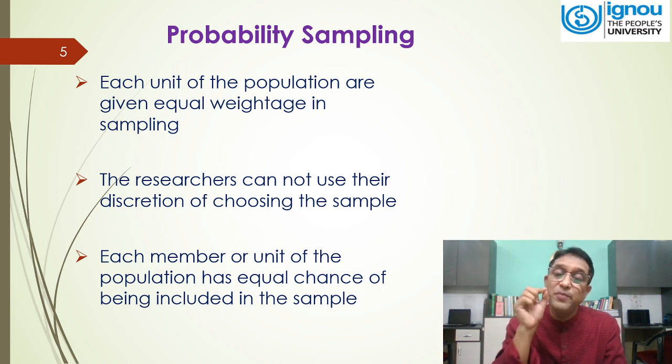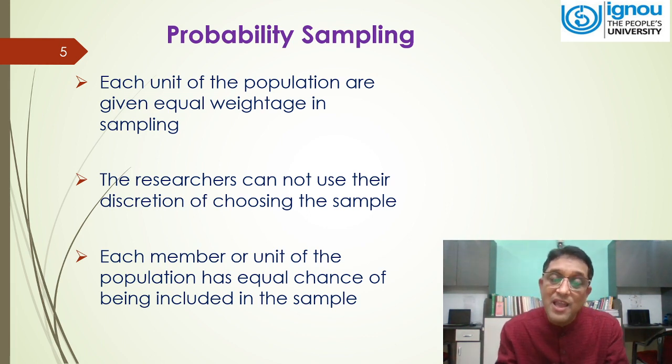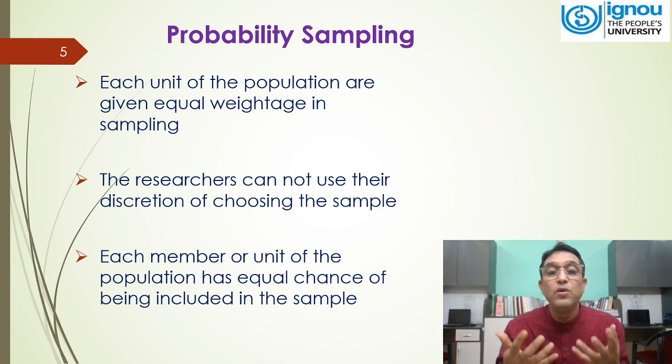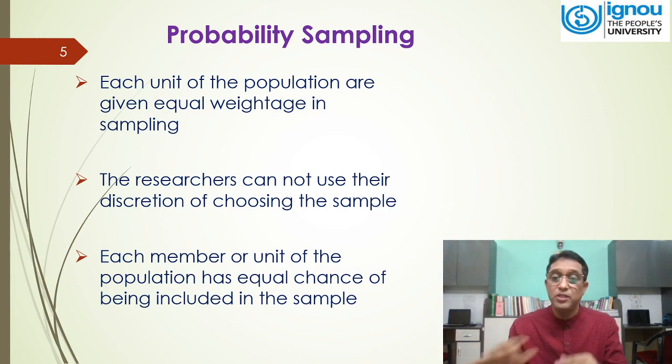So the first unit has a chance of 1 in 1000 of being selected for a sample, and the probability of the 500th item, the 700th item, or the 1000th item, that means the last unit of the population, is also 1 in 1000. Then you can say that this is a probability sampling method. So keep it in your mind.